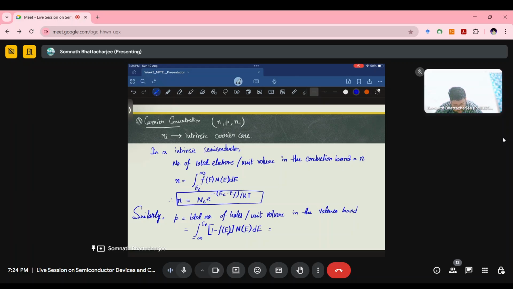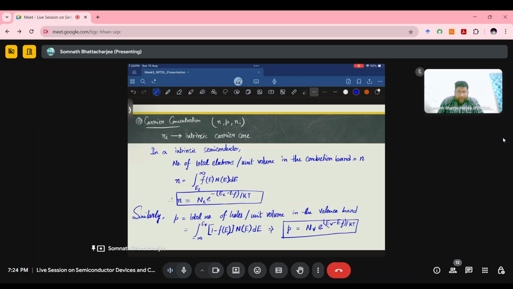So we can write P equals Nv e to the power of EV minus EF divided by kT. So this is the hole concentration.